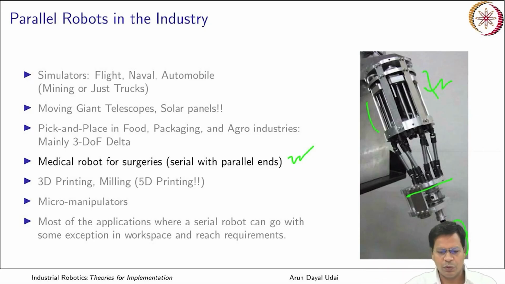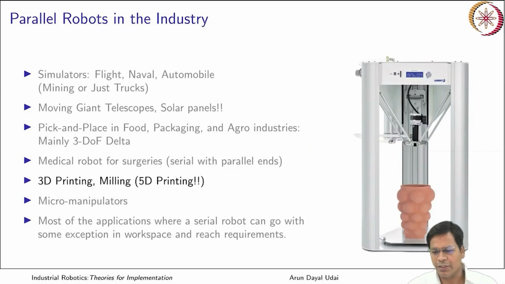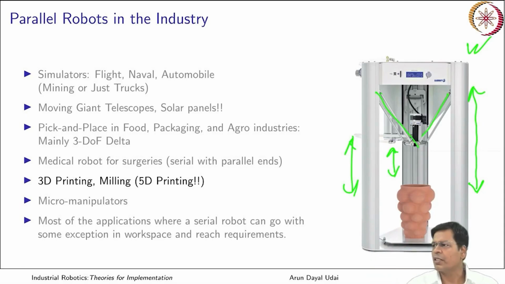So again it is used for 3D printing. This is one of the most popular variants of 3D printer, in which you have all the 3 linear actuators which are mounted like this. It has 3 linear actuators, okay, that can take these links, these are the links, simultaneously go up and down while it builds up this object in 3D, okay.